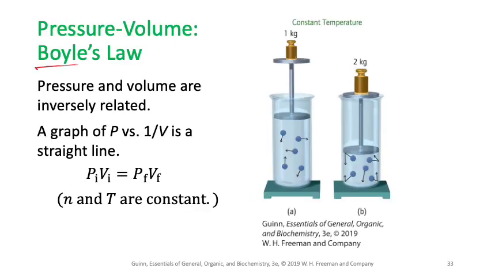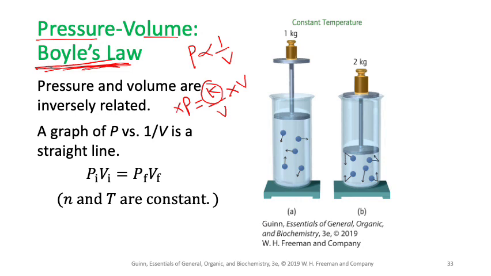So now let's talk first about Boyle's law. Boyle's law tells you about pressure and volume, and we already talked about pressure being inversely proportional to volume. If I open this equation, we get something like this: pressure is equal to k over V. K is your constant, and if I multiply both sides by V, you get PV equal to K. So that means the multiplication of pressure with volume will always give you a constant number.